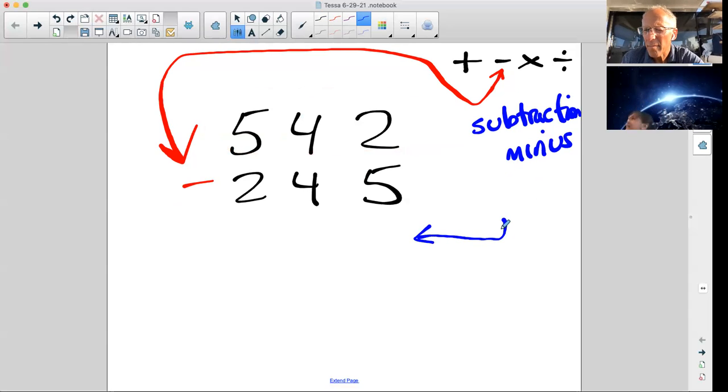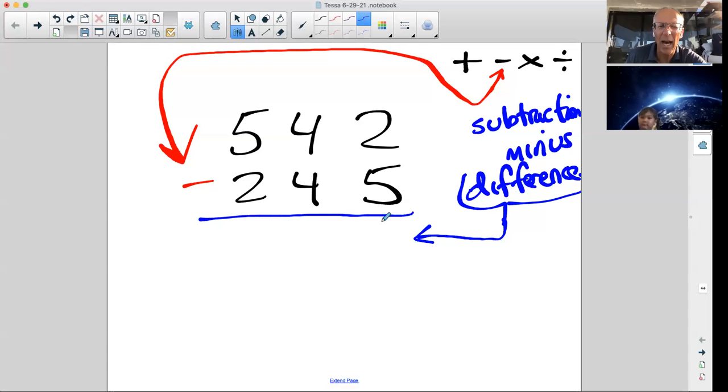The answer to an addition question is sum, S-U-M. What is the answer to a subtraction question? Sum. No, that's the answer to addition. The answer is called difference. Difference is the answer. Yes. Now, tell me what you got.